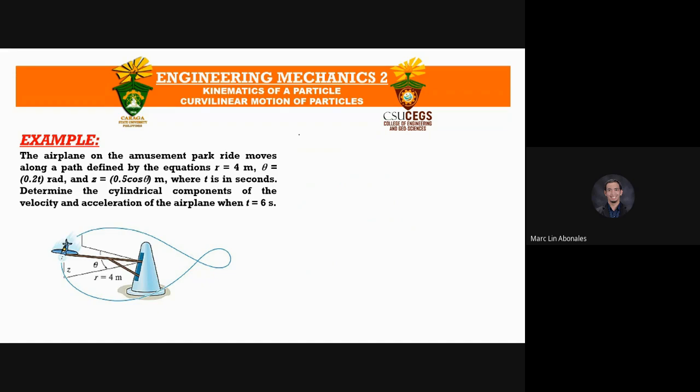So, for the solution, since we are looking for the cylindrical components of your velocity and acceleration, what we will do first is take the time derivatives of our three equations.